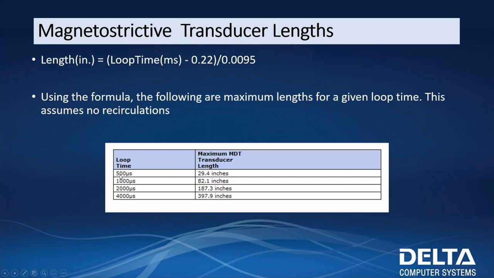So you can see here with a 500 microsecond loop time, you've got about 30 inches of travel. 1,000, you're at 82 inches. And then all the way at 4,000, you're very close to 400 inches. So these are your options. Generally, you're not going to have a transducer that's greater than 400 inches. And if you do, maybe MDT isn't the right option. There's ways that we can get around this, but you might want to use something else, and we'll talk about those other options as well.